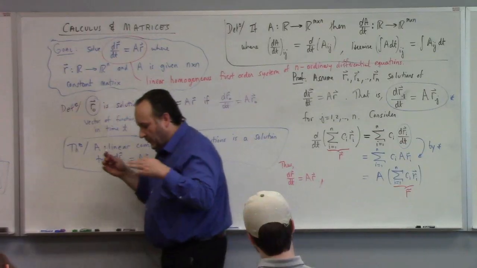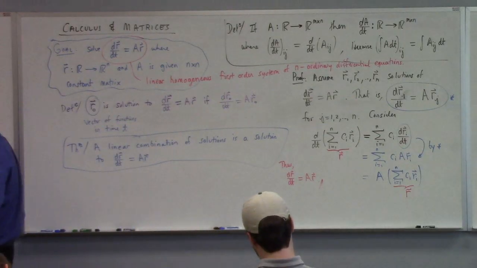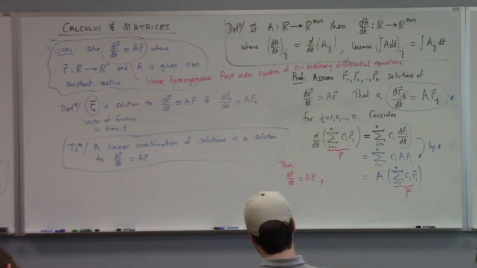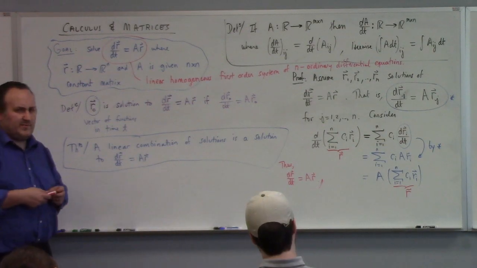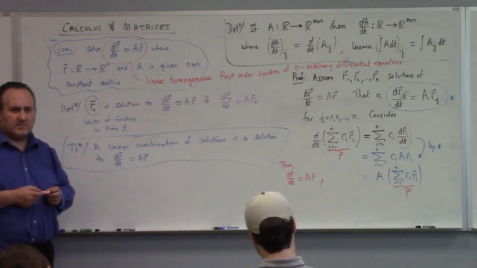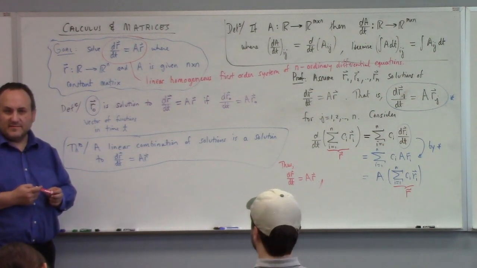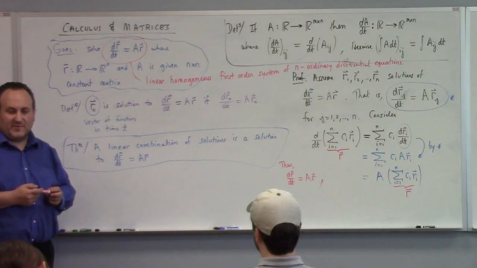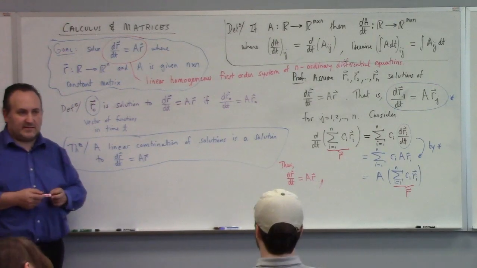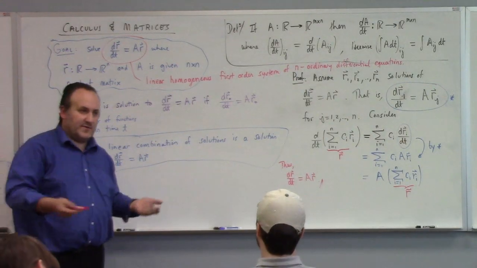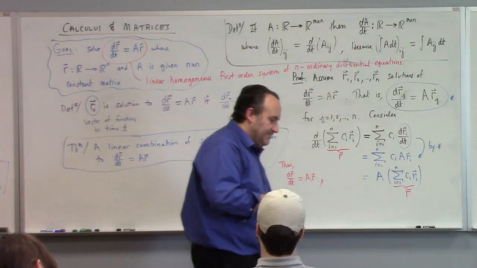The reason it's called an ordinary differential equation is because there is just one independent variable, time. A partial differential equation would have more than one independent variable. Anybody in here electrical engineering? No? Mechanical? So you guys, at some point or another, will care about partial differential equations, right? Fluid mechanics is full of partial differential equations, Navier-Stokes and all that.